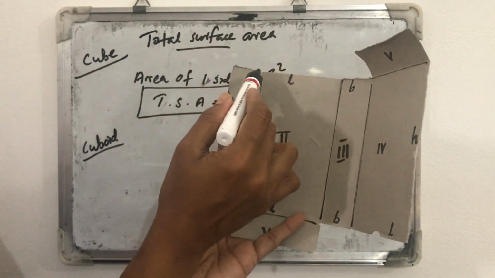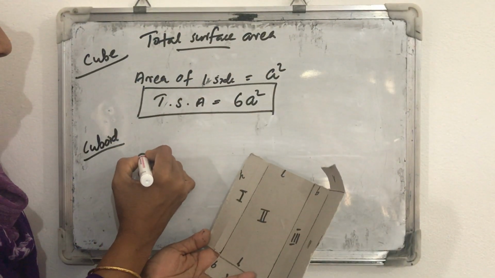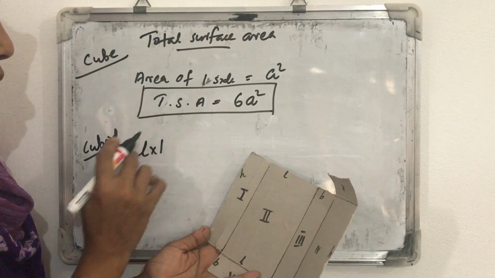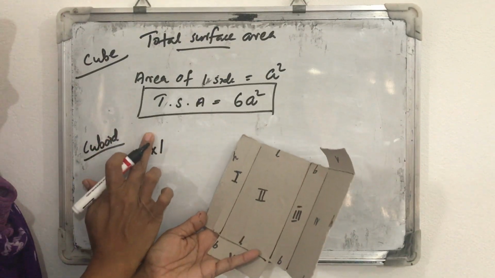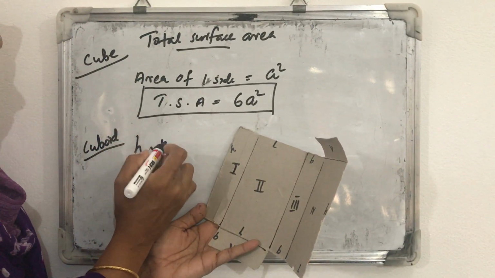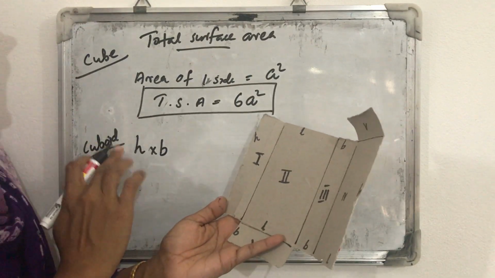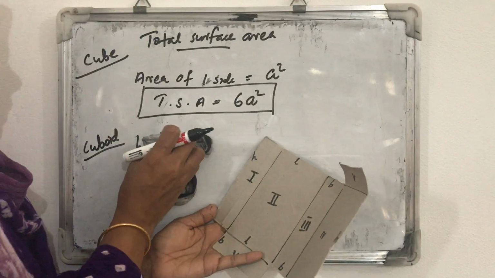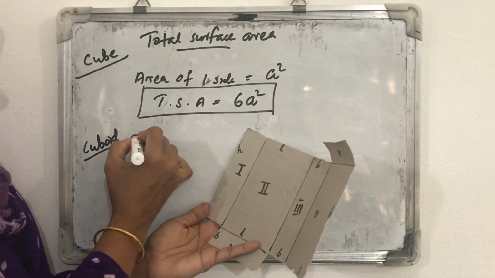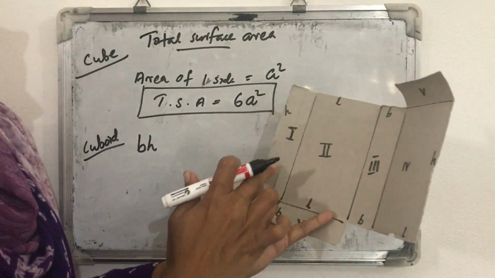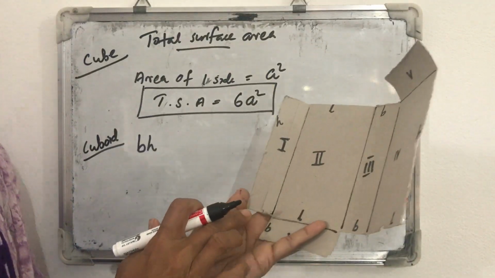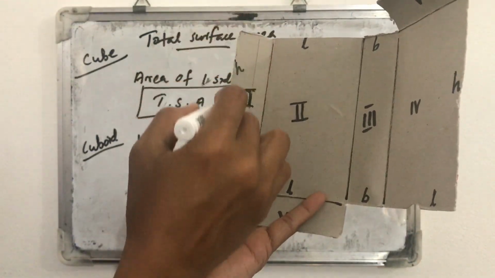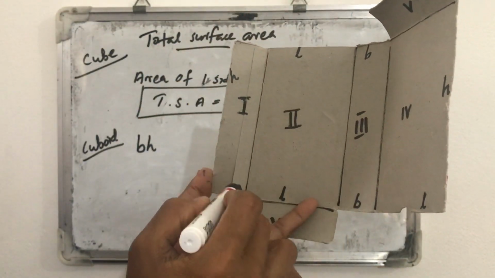That we take as B. So the area of the first rectangle is not L into B, it is H into B. Simply we can write it as BH, avoiding the multiplication sign. The area of the first rectangle we got is BH. All of you understand? This length we already took as B, and this length we took as H. So its area will be BH.